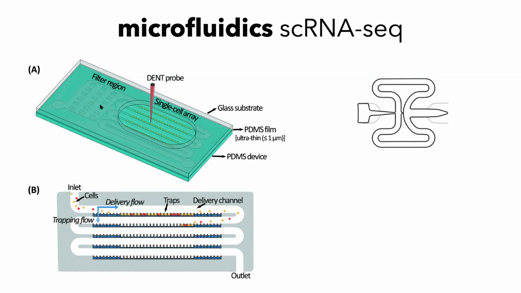So you can see here that basically the idea is that you put your medium right here, and it flows through this path, and then the cells are separated. Here you can see how it works from more of a diagram point of view. So the cells, based on different type, are located inside these little wells over here.